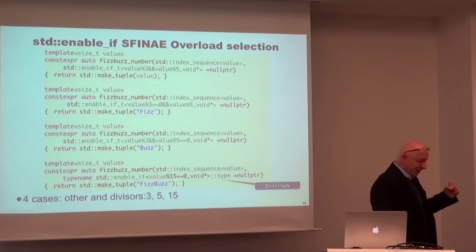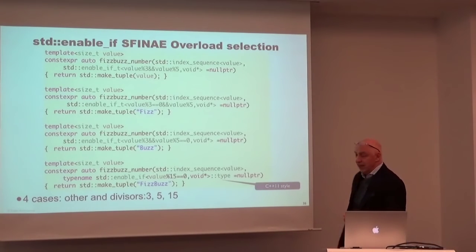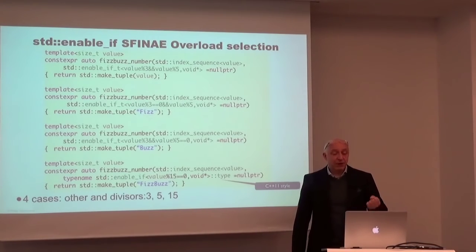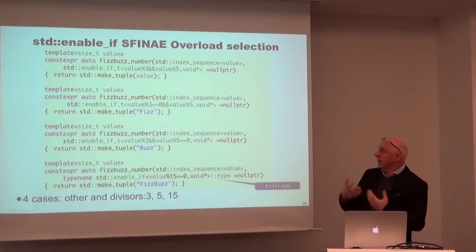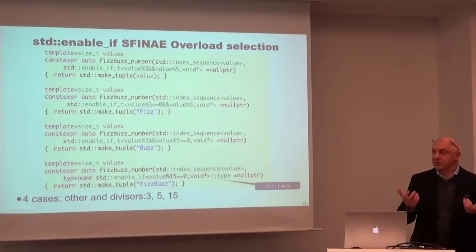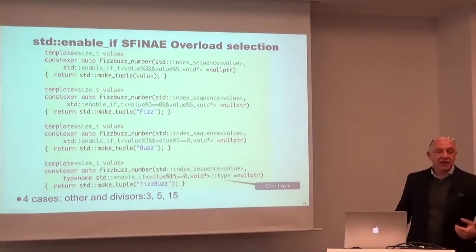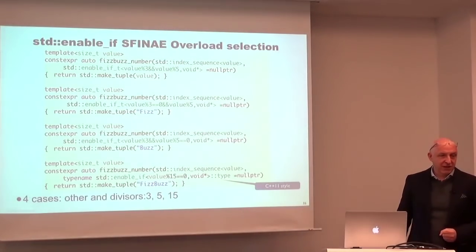So the point is, if we attempt to instantiate a function or a class template, and that fails because by instantiating the template, a parameter is not valid or compilable, then it's a silent error, and the compiler just attempts to instantiate the next function.